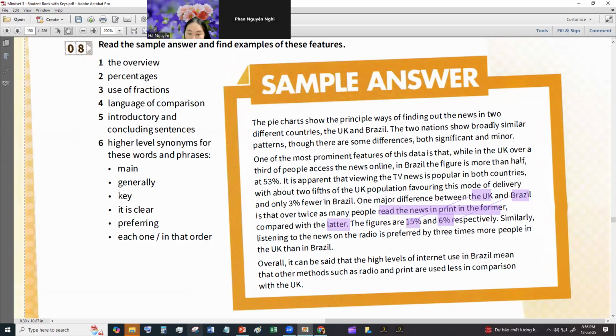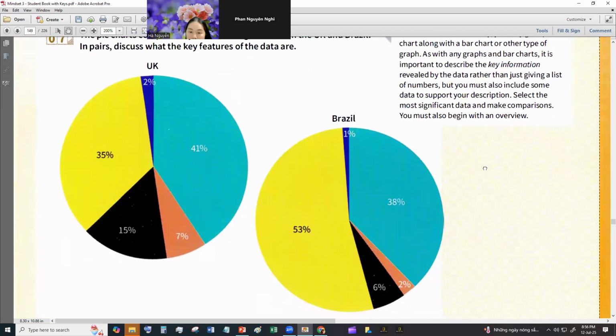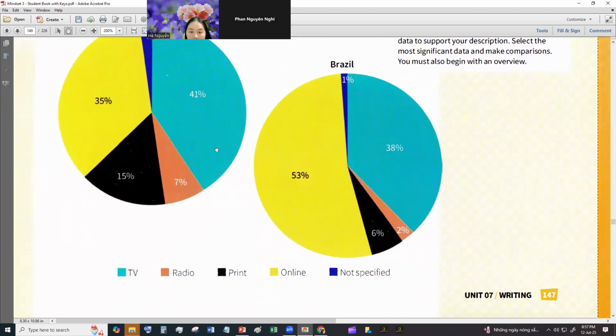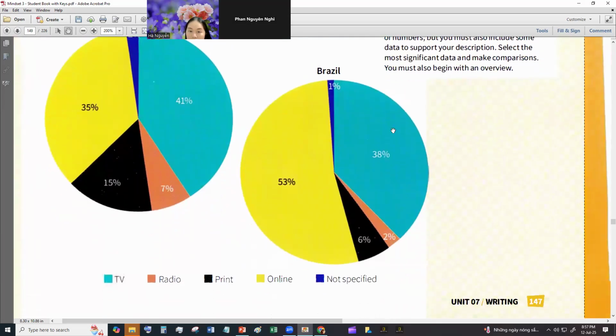So here is another example of respectively. For example, I just turned off the pie chart. Okay, so for example, just over 2/5 of the people in the UK watch TV to get their news, and 38% in Brazil, right?